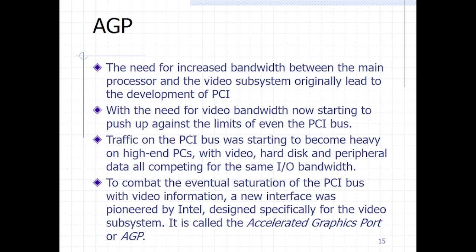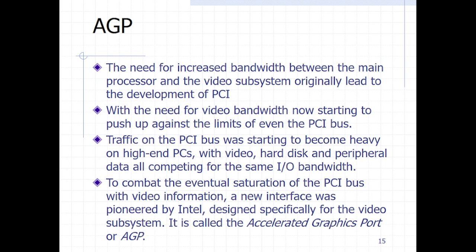Now, why did we need to have the AGP? AGP was brought in to support the video or graphics component of the computer. It was established that the processor alone could not handle a lot of the video processing or graphics requests, right?